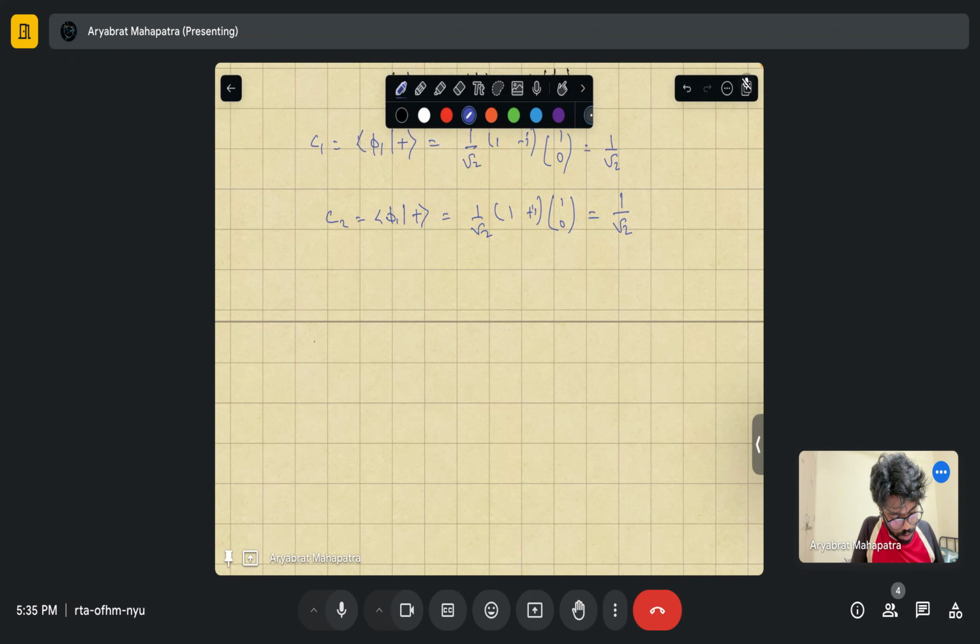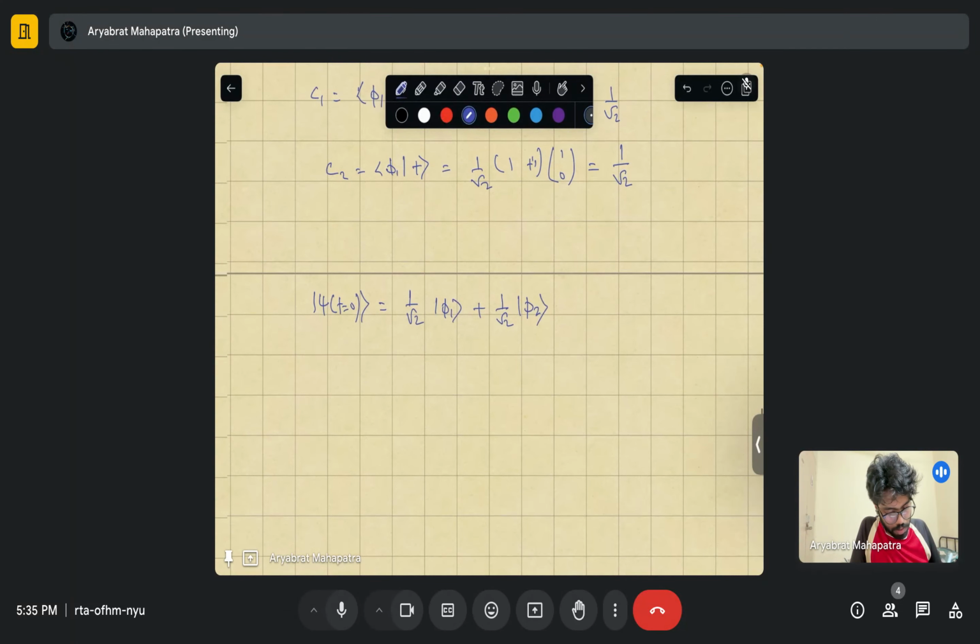So finally, the complete form of the initial state is 1 by root 2 phi 1 plus 1 by root 2 phi 2. Phi 1 and phi 2 are your eigenstates of Sy. Then after some time t, the state of the system will evolve.